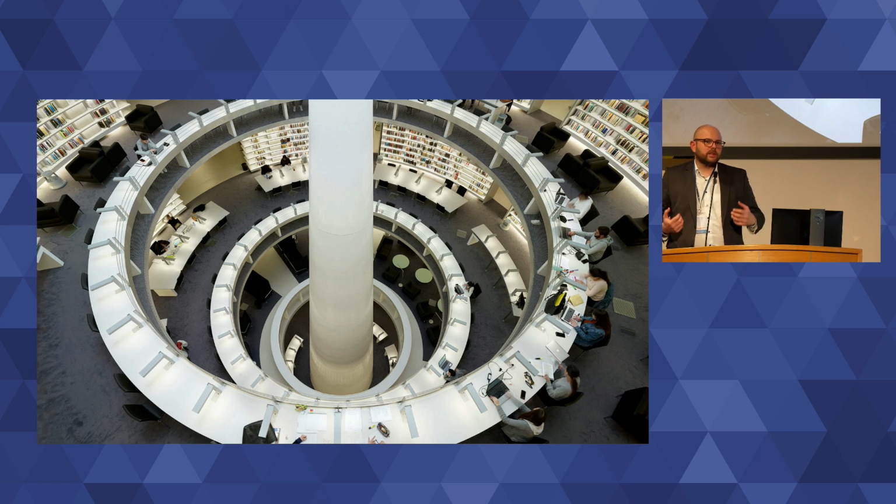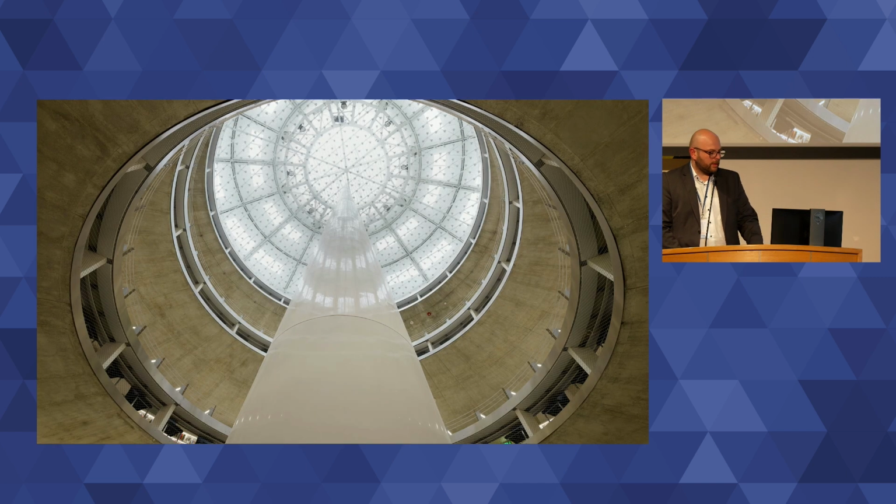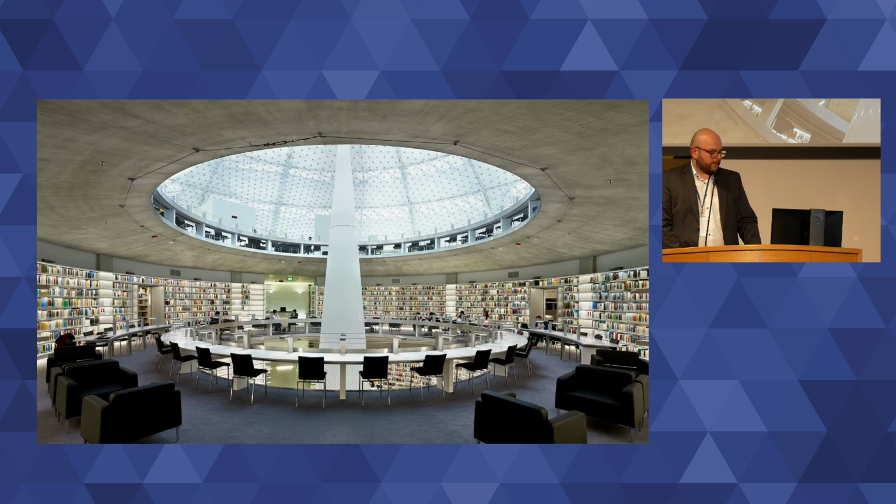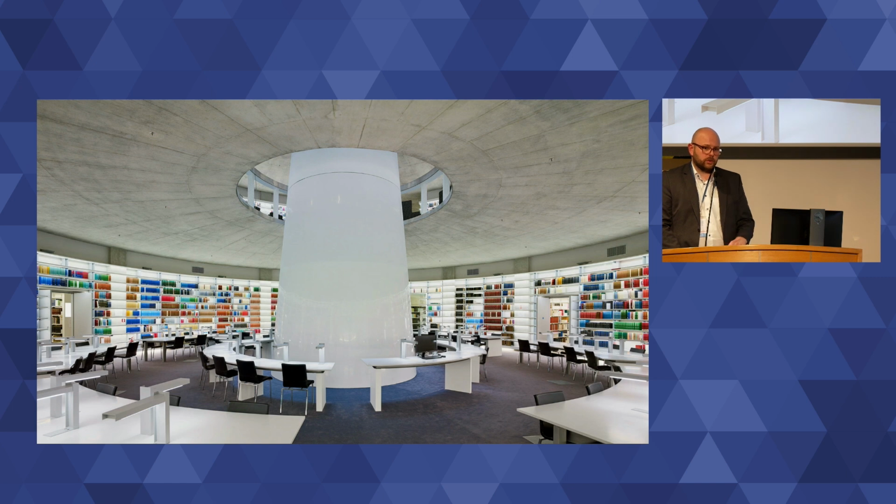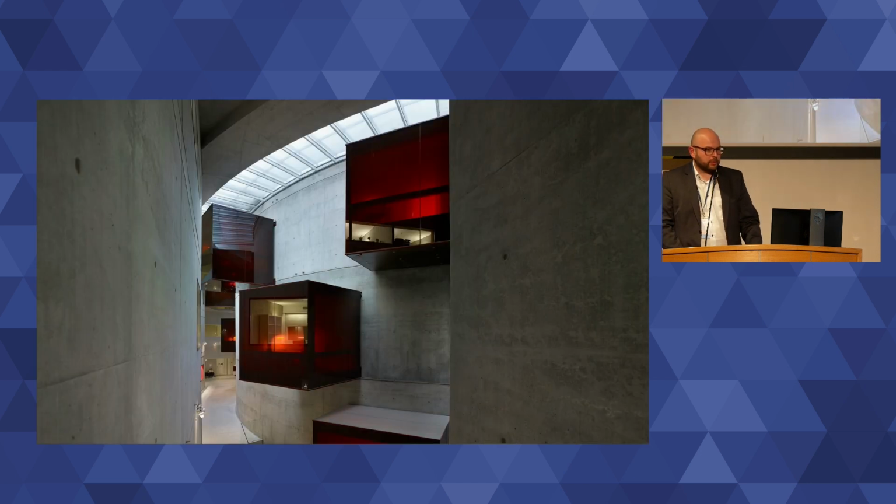The architects say the heliostat is a 24-meter high white cone with a 5-meter base radius, ensuring natural light reaches all reading areas. Around the heliostat, we have reading rooms, and the books surround the workstations. Behind the shelves we see there are more shelves with books. The book collection is quite large. It consists of around 700,000 volumes.